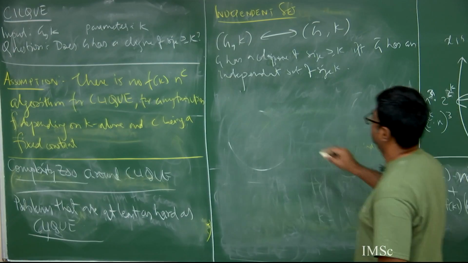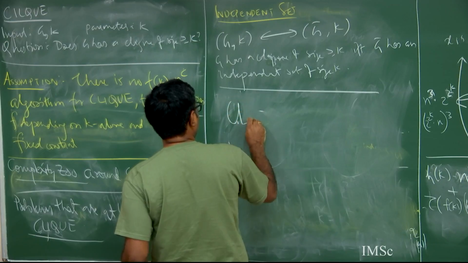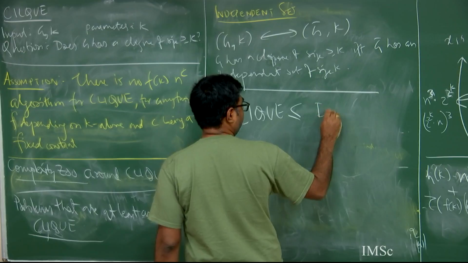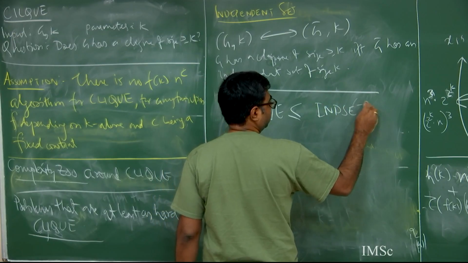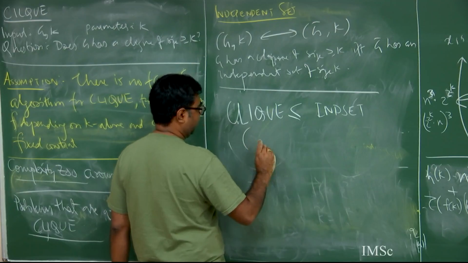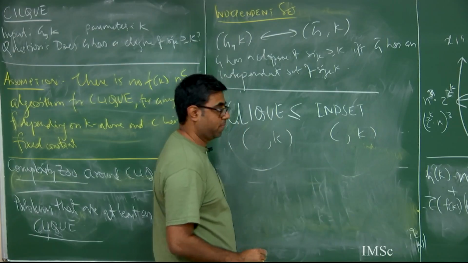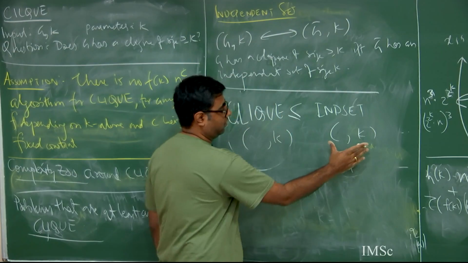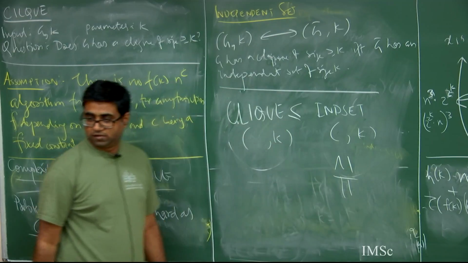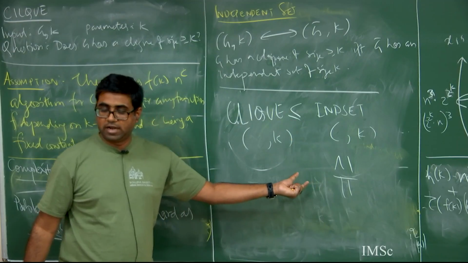So now I have a reduction from clique to independent set, where K went to K. And if I had a reduction from independent set to some problem pi, then I claim that there is also a reduction from clique to this directly.